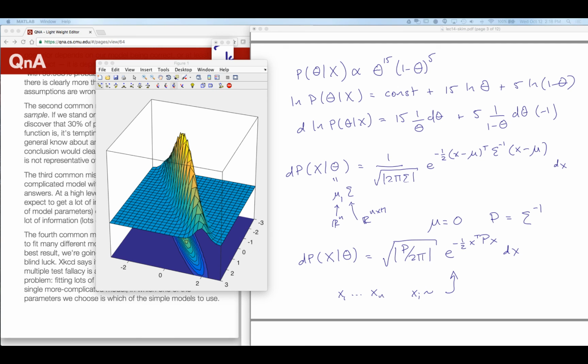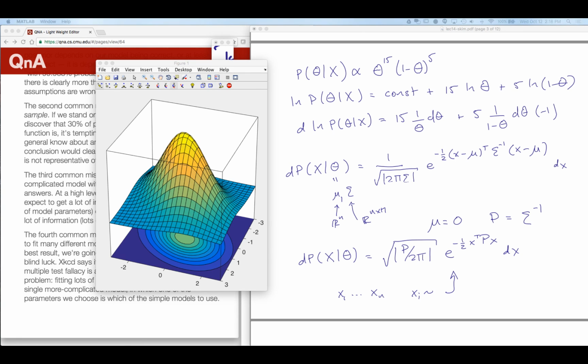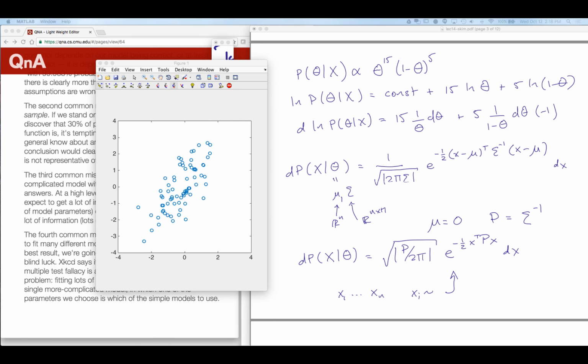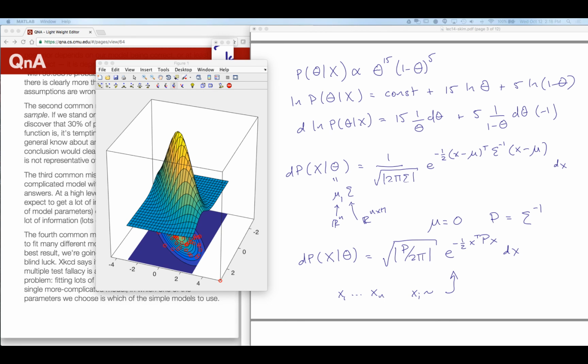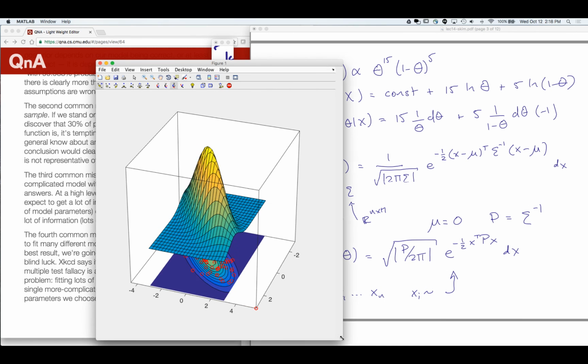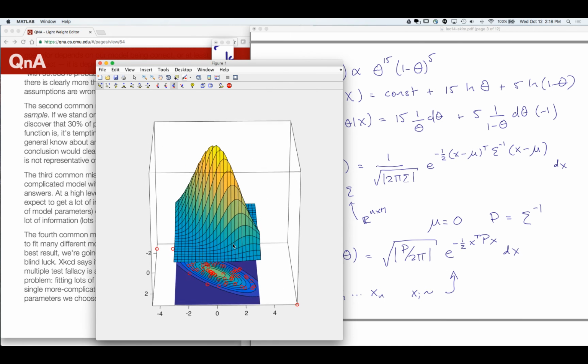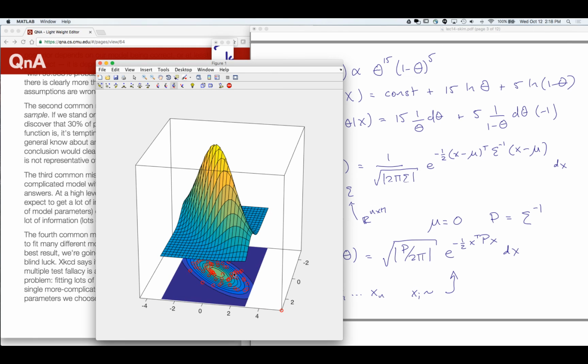Different values of the parameters lead to different shaped ellipses. And the picture for what you're trying to do is you get some data that looks like this, and you would like to fit a covariance matrix to get a plot that looks like this. What's happening here is that we have fit our covariance matrix, and our ellipses show that the regions of high probability now coincide with where we have data points.